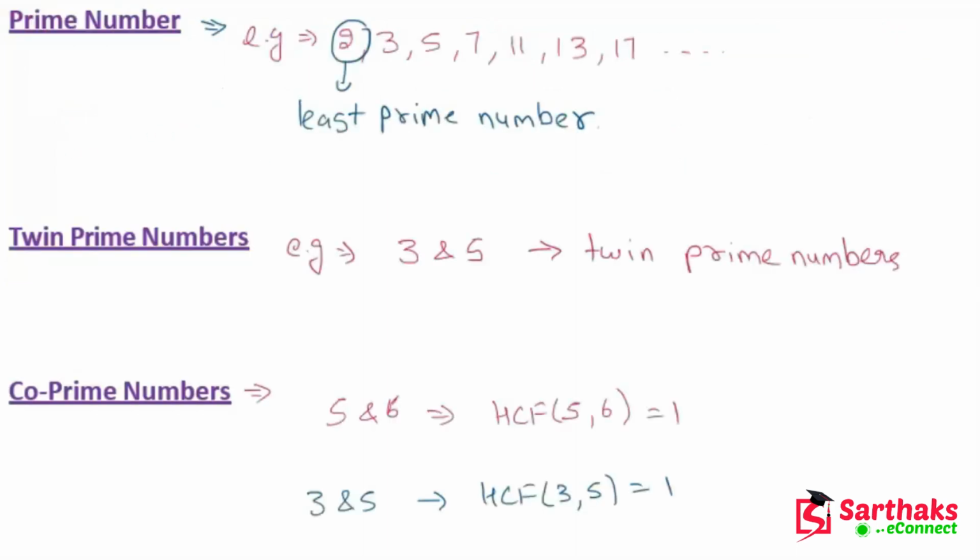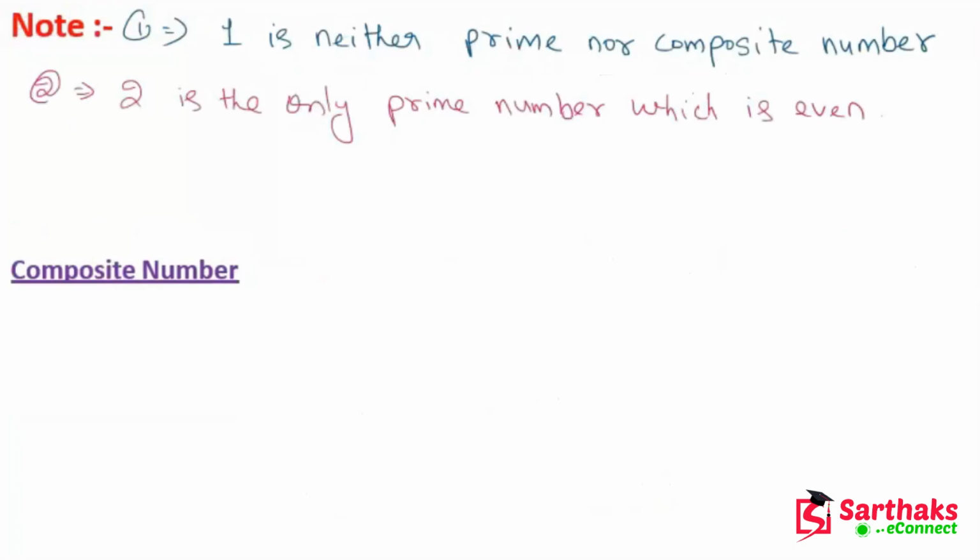My dear friends, 2 is the only even prime number, and all the other prime numbers are odd. So all prime numbers are odd except 2. I hope you get this point.